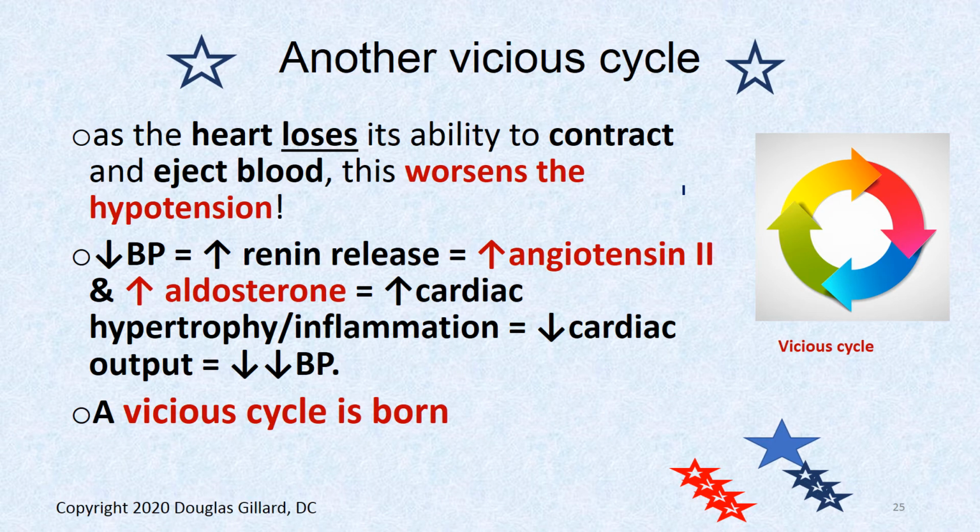Then you get into this vicious cycle, where the heart now has lost. Maybe you had a weak heart to begin with, and you had maybe a 10% decreased ejection fraction, enough to turn on the RAAS system. But now you go through that same pathway I just talked about, and the heart gets damaged. And because the heart is damaged, now it pumps 20% less blood.